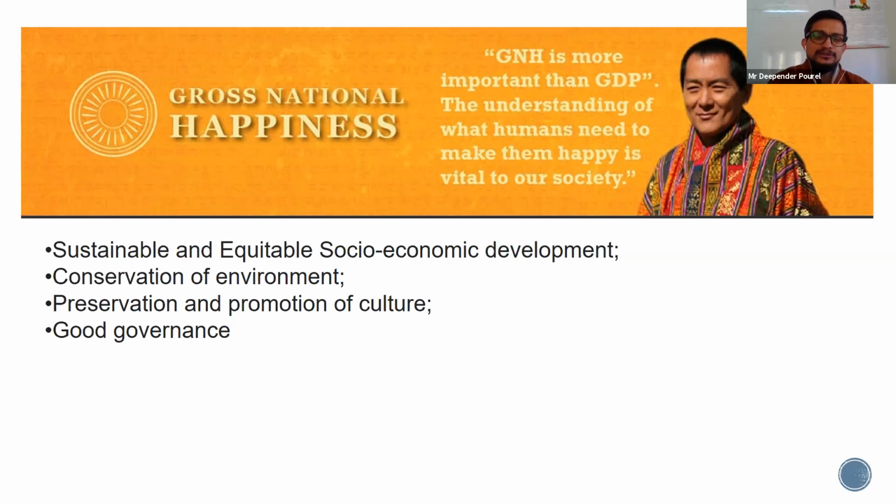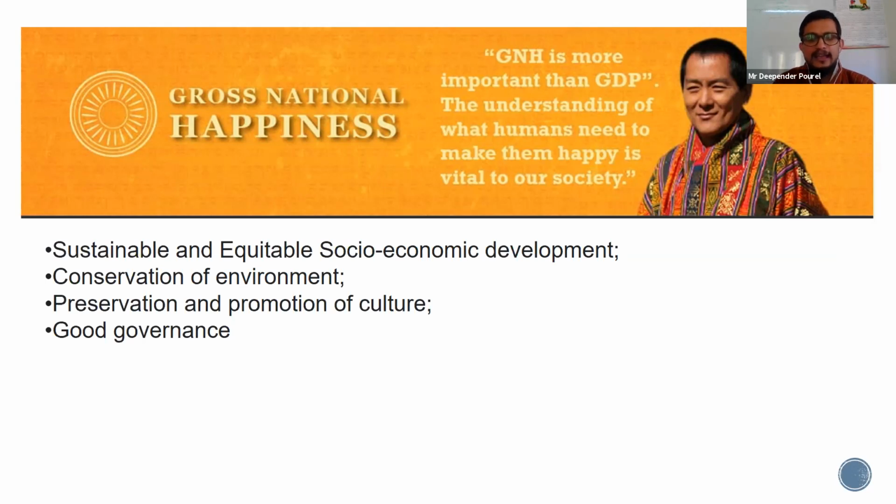When you talk about GNH, there are 4 pillars that define GNH. These are sustainable and equitable socio-economic development, conservation of environment, preservation and promotion of culture, and good governance.